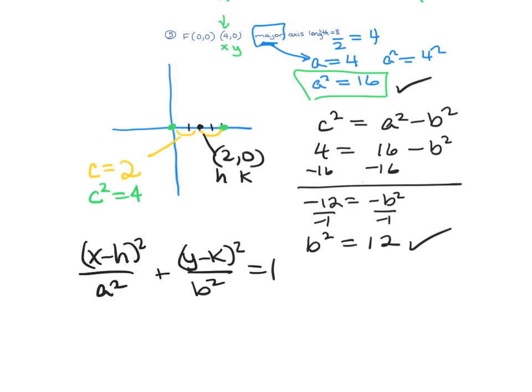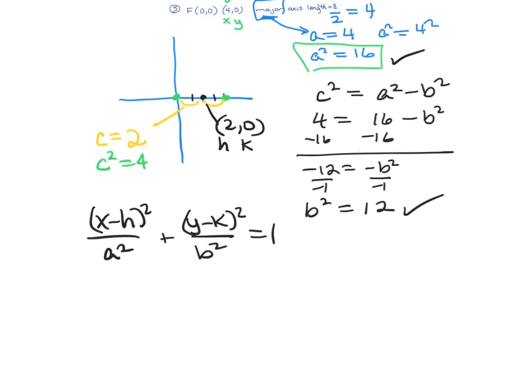So now I'm going to replace h with this 2. I'm going to replace k with this 0. And then I'm going to replace my a squared with the 16, and then the b squared with the 12.